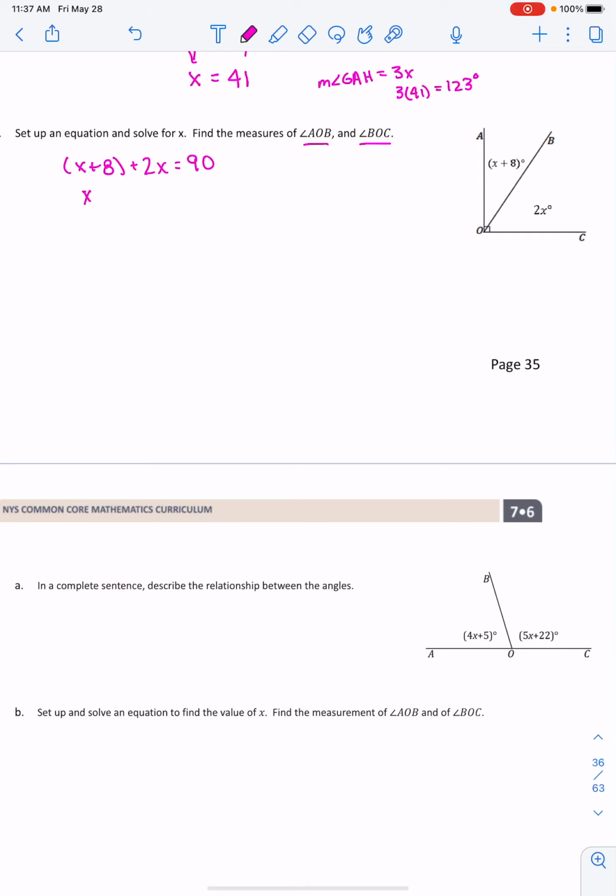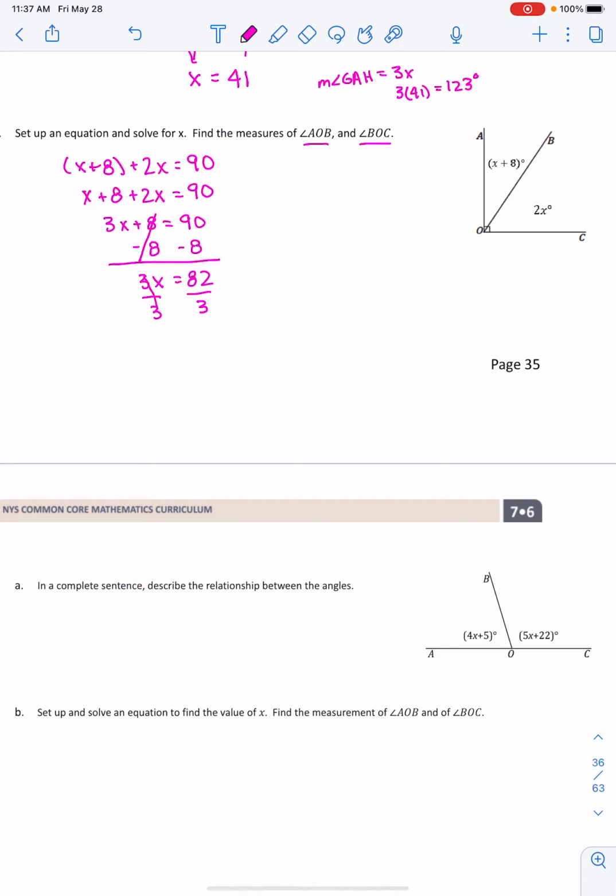So x plus 8 plus 2x equals 90 degrees. So I have 3x plus 8 equals 90. So I am going to subtract 8 from both sides. So I have 3x equals 82 degrees.